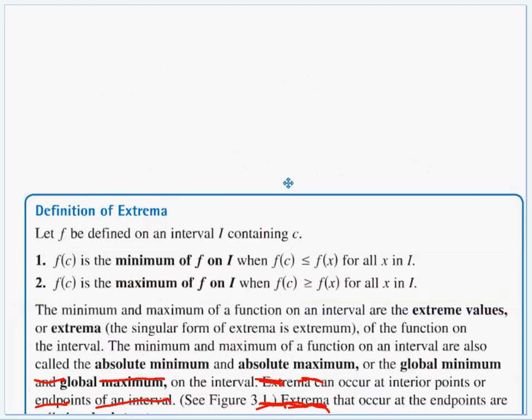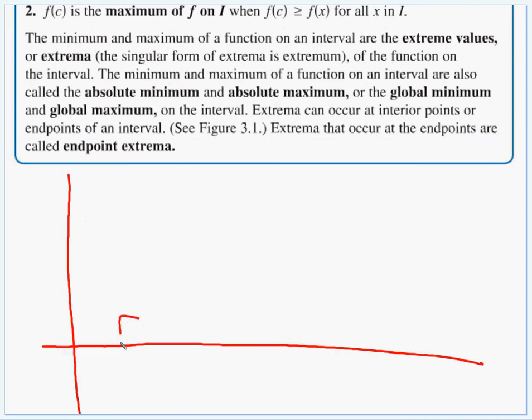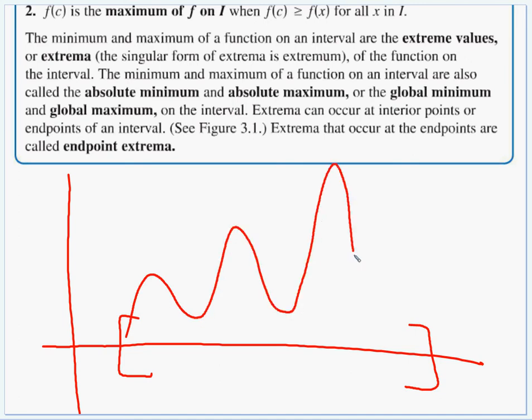Now here, when they talk about extreme values, and especially the globals or the absolute mins and maxes, let's say here's my interval, goes from here to here, and my function looks like this. Any hilltop is a local max. So this would be a max, this would be a max, this would be a max, as well as this one.